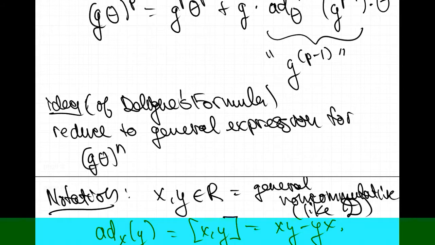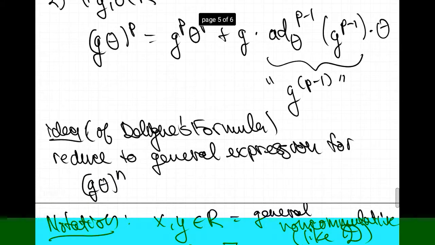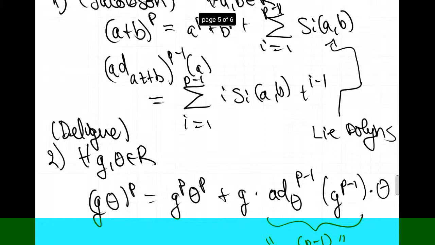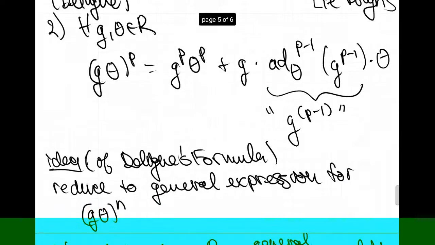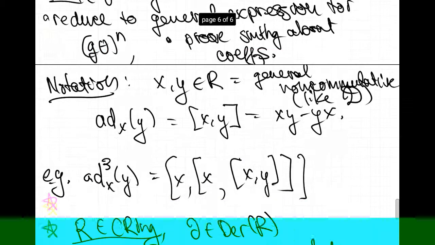This certainly relies on it being characteristic P. Then you prove something about the coefficients in the formula, and you show that essentially most of the coefficients are 0 in the formula that you get here. And I'll link to where the proof is.